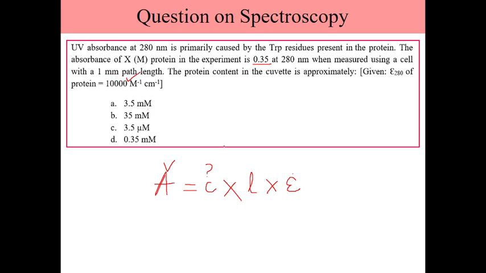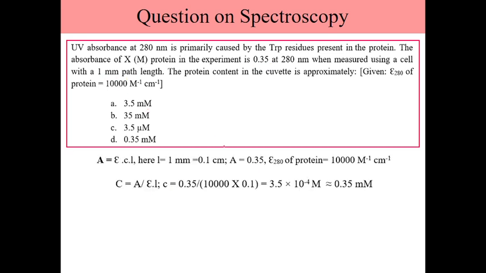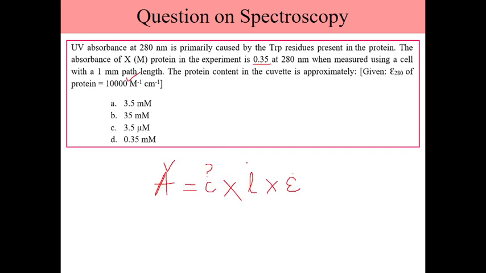So they have solved it. Usually the path length is given as 1 centimeter, always 1 centimeter usually. So if this value is not mentioned in a question, you assume it to be 1 centimeter. Now they have given 1 millimeter. So 1 millimeter is 10 to the power minus 1 centimeter or 0.1 centimeter.